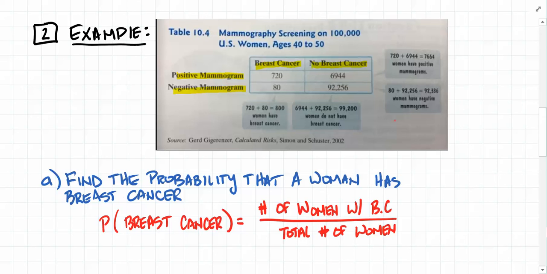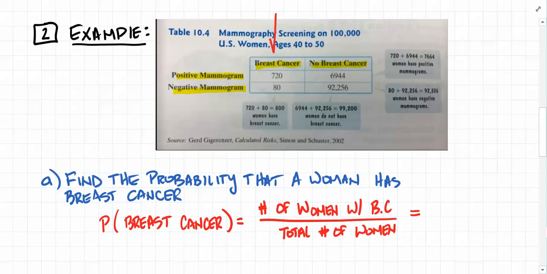Part A says, find the probability that a woman has breast cancer. So the probability that a woman has breast cancer is the number of women with breast cancer divided by the total number of women. What is the total number of women with breast cancer?